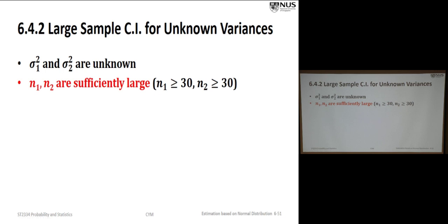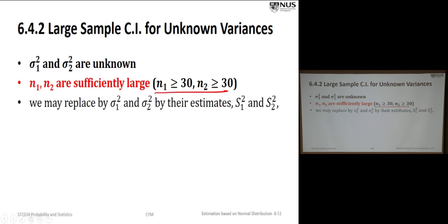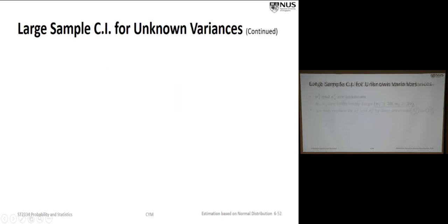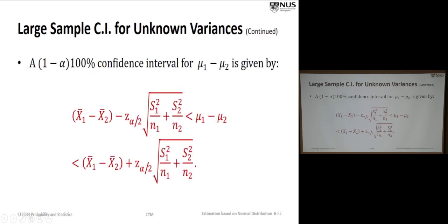And, okay. So how about the case when the variances are unknown? So if the sample size is big, because sigma square is not known, I replace it by S1 square and S2 square and proceed as if it is normal. All right, so the confidence interval for this one is very similar to the previous formula.